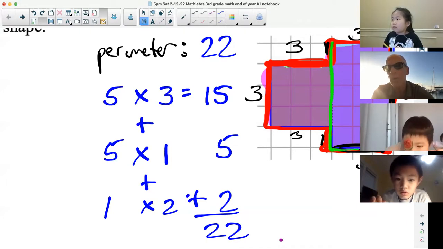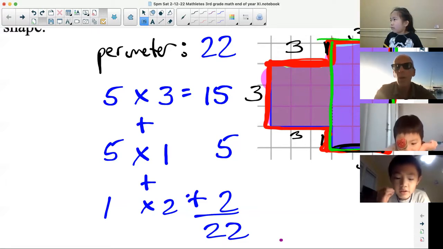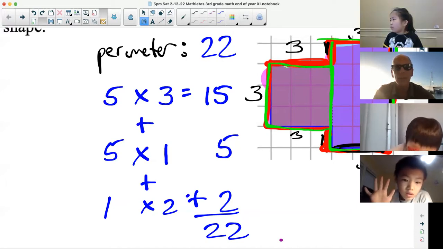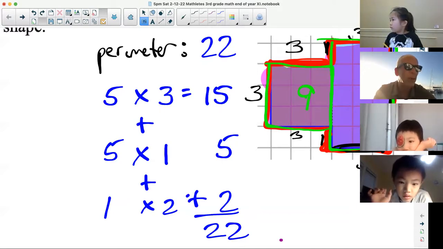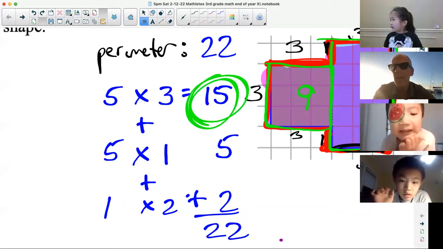Wait, I thought you raised your hand. Does anybody else know the area? 24. Well, guys, what is the area of a 3x3? 9. And what is the area of a 5x3 rectangle? Come on, everybody. 3 times 5 is? 15.